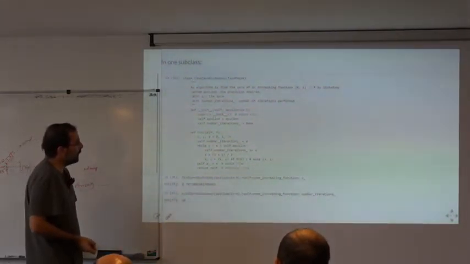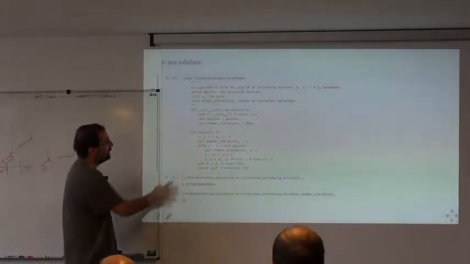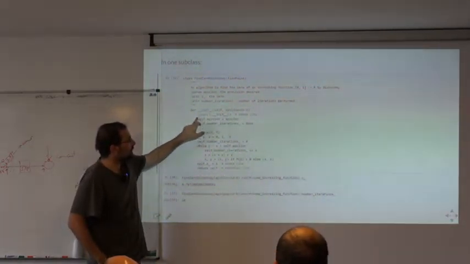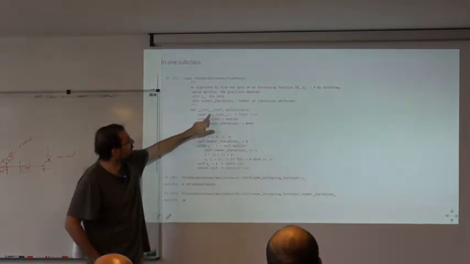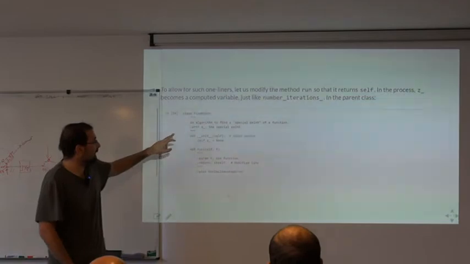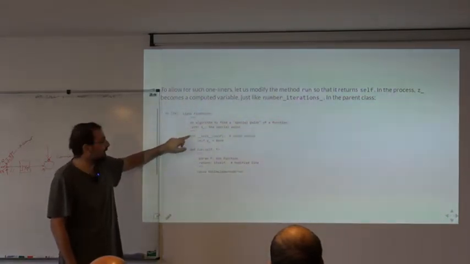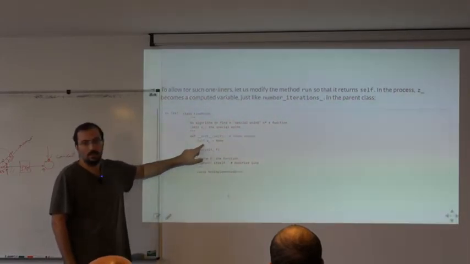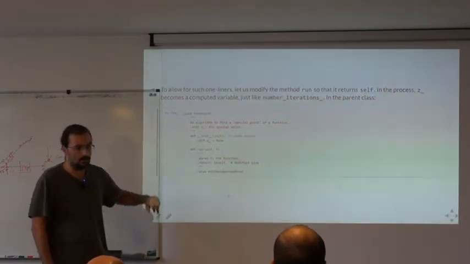So, in practice, in a subclass, first we need to call the init of the superclass. Why? In fact, before I didn't have any init for the parent class. Now I have one because the init is in charge of initializing the variable z underscore.